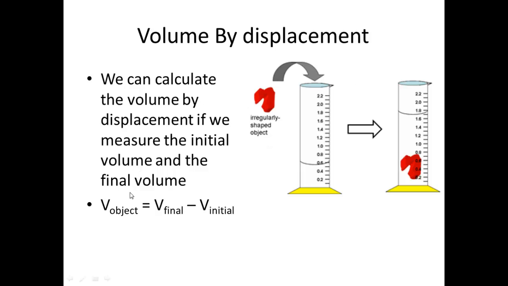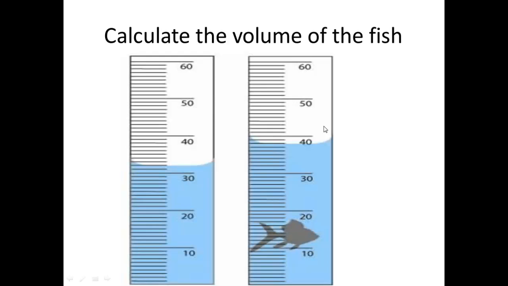So we can calculate the volume of this object right here by the difference in the volume from when it ended up compared to where it started. So the volume of the object is equal to the final volume minus the initial volume. Make sense? Okay. So that's what we're going to be doing. I want you guys right now to calculate the volume of the fish. I want you to write down your calculations too and show me how you would calculate that. Okay? So let's do that.